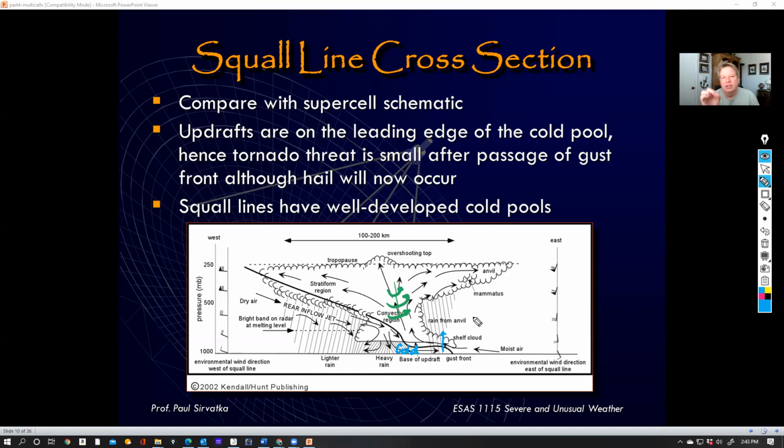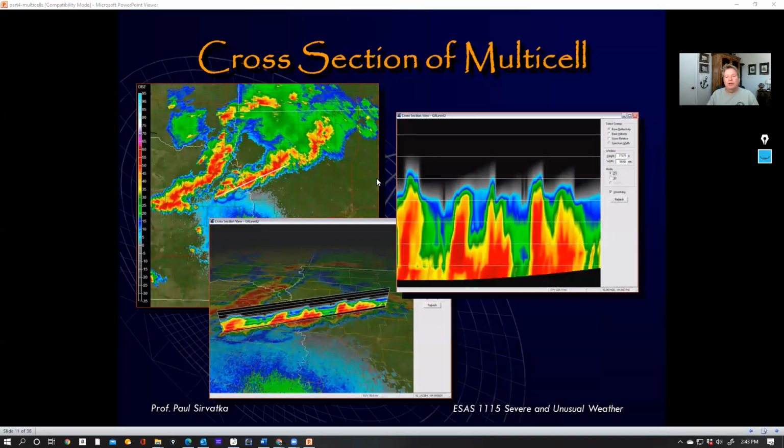In other words, the air behind a gust front may be colder, but it still might be buoyant. You should go back to what I just said and write that down. And because you have the ability to do that, I am going to let you do that. And that will become super important as we're going into supercells.